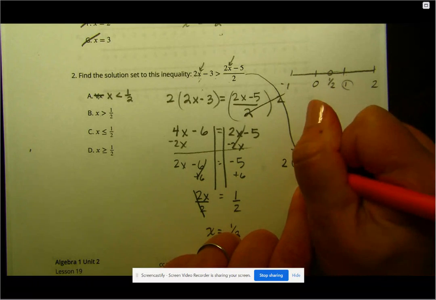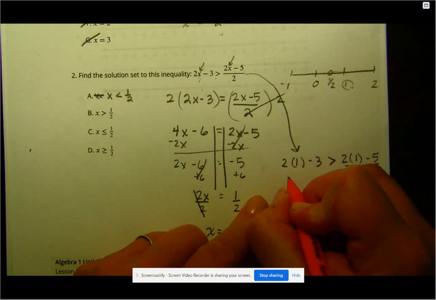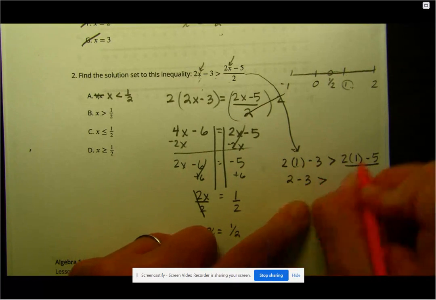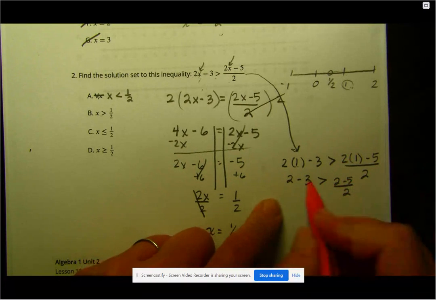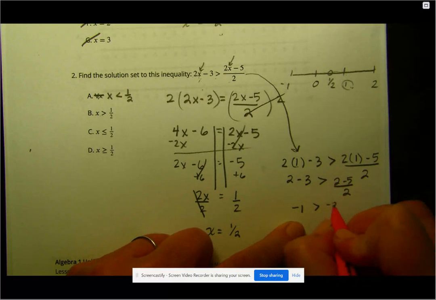When I plug 1 in, 2 times 1 is 2, minus 3, is that greater than 2 minus 5 divided by 2? Just working it out. Is negative 1 greater than negative 3/2?